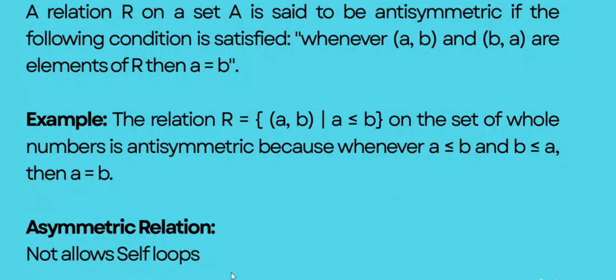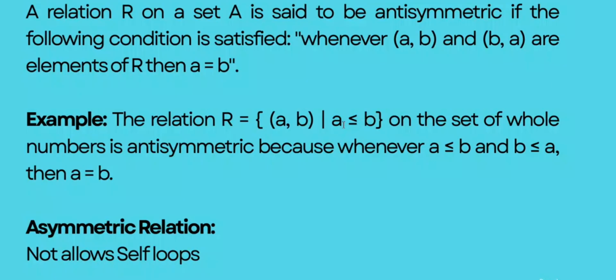Students, can you follow? So I am taking two values a comma b, where a is equal to 3 and b is equal to 4. The condition is a is less than or equal to b. Obviously 3 is less than or equal to 4, so the condition is satisfied. Similarly, what is the reverse value? 4 less than or equal to 3. That should not be satisfied.